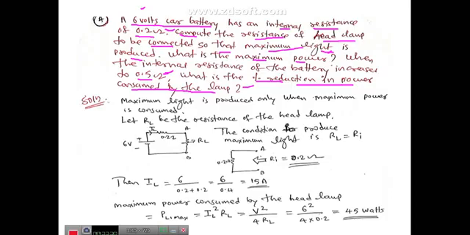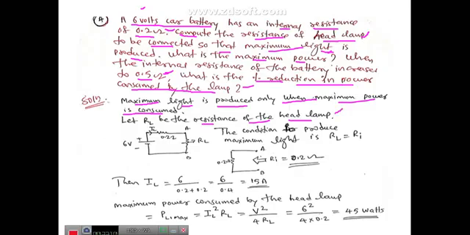As per the maximum power transfer theorem, maximum light is produced when maximum power is consumed by the headlamp. Let RL be the resistance of the headlamp. You just assume that the headlamp has a resistance, so RL is the resistance of the headlamp.